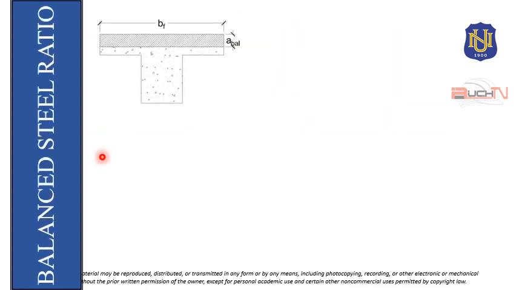Sa part for the balance steel ratio ng T-beams, dun muna tayo sa condition kung saan yung A natin is lesser than or equal to T sub S. Meaning, kailangan pa rin natin ng analysis ng rectangular beam.